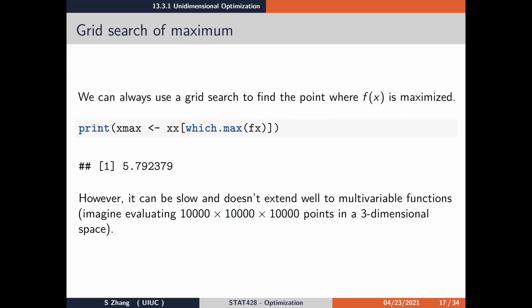For one dimension, say we want to evaluate 10,000 x values, that's still doable. However, if you have 3 variables, and you want to do it for every possible x, y, z, and each of them have 10,000 possibilities, then you have to evaluate 10,000 times 10,000 times 10,000 points in a 3-dimensional space. And that's going to take you a ton of time.